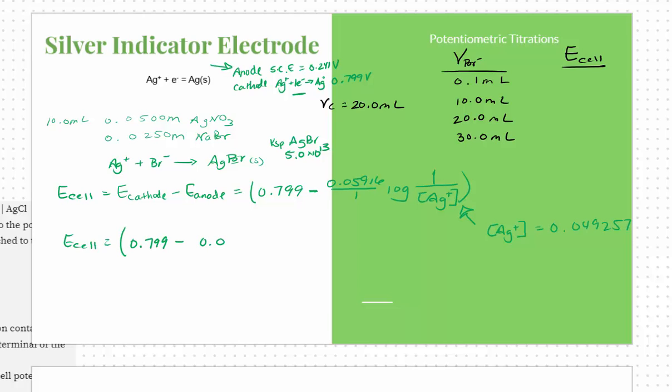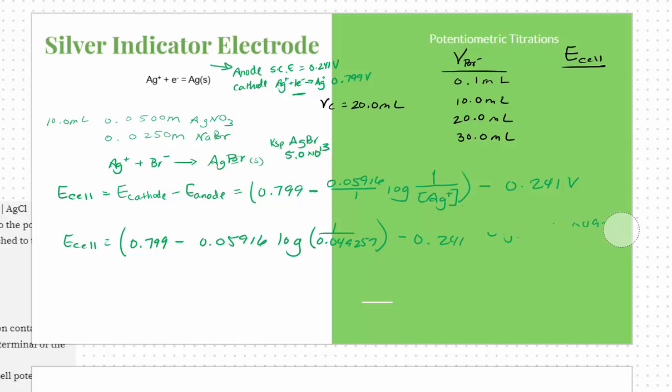0.799 minus 0.05916 times the log of the reciprocal of my silver. And then I never subtracted that anode, 0.241 volts. So then I need to subtract my anode.